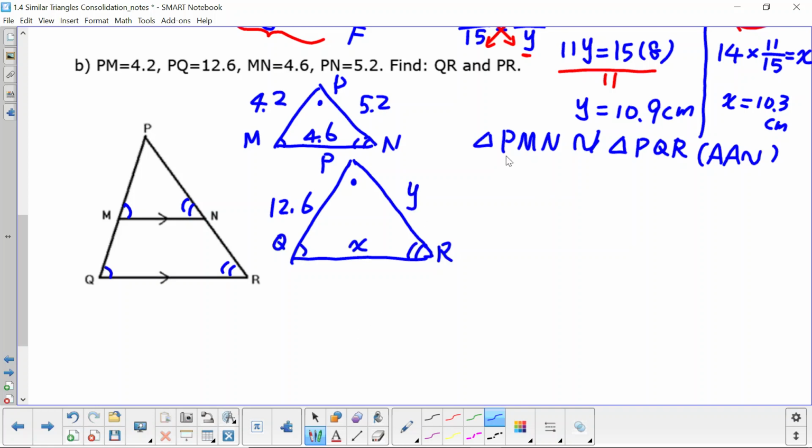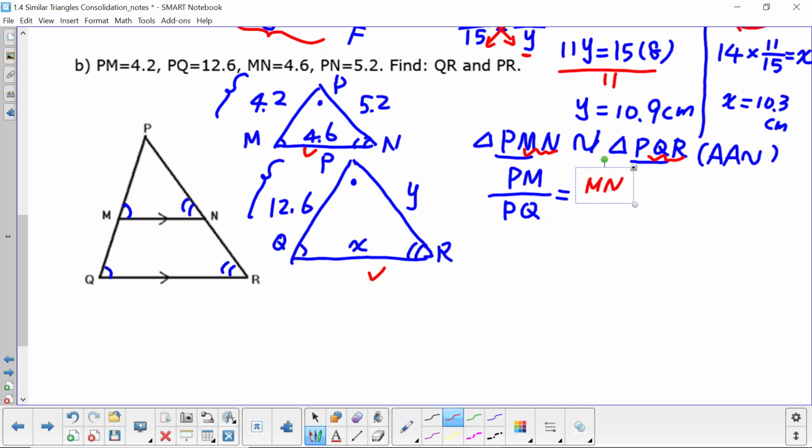So we are going to write the corresponding ratios out by using first two letters over first two letters. So PM over PQ, this side equals this side. Then equals the last two letters over last two letters. The two letters represent one side. So MN is this side. And this QR is this side. So MN over QR.